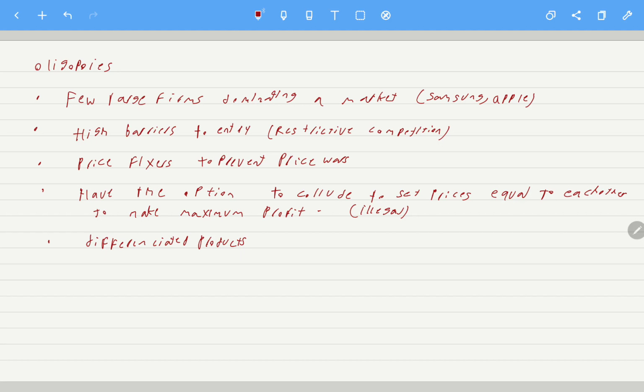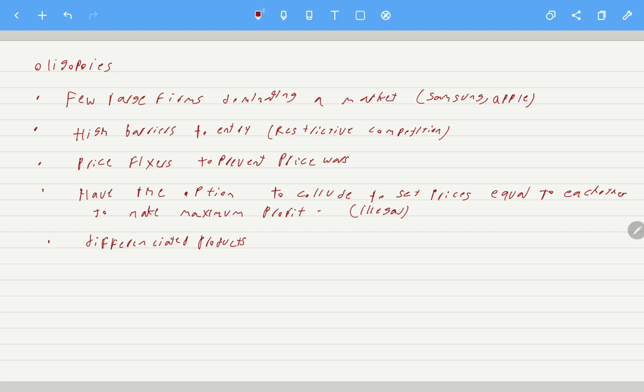That's what price fixing is. It's to find the Nash equilibrium, to find the perfect price to set your most recent products to, to be able to make the maximum profit off of those products.